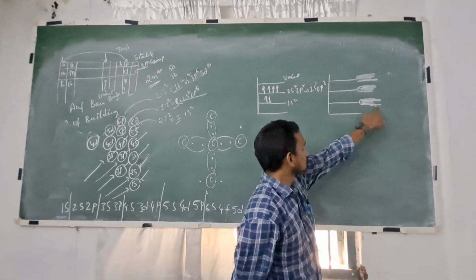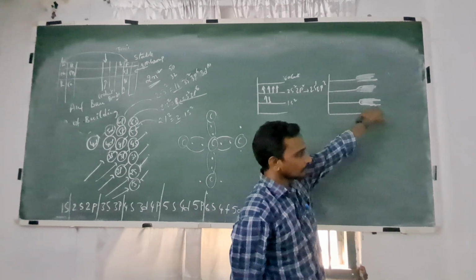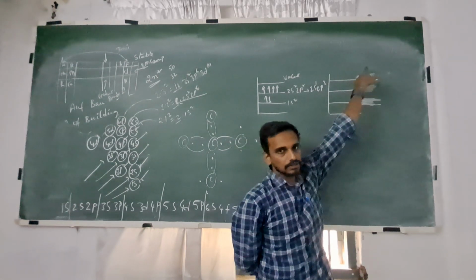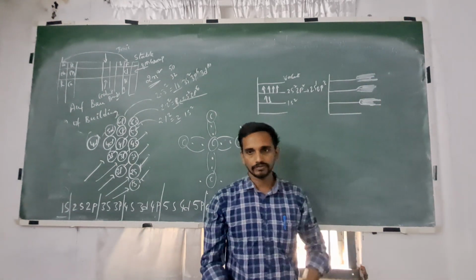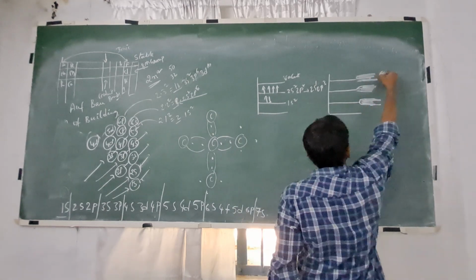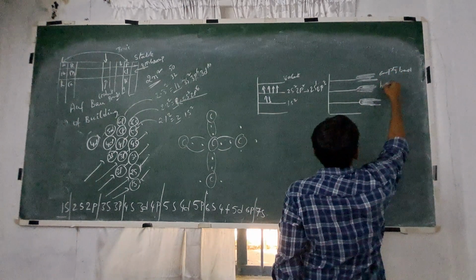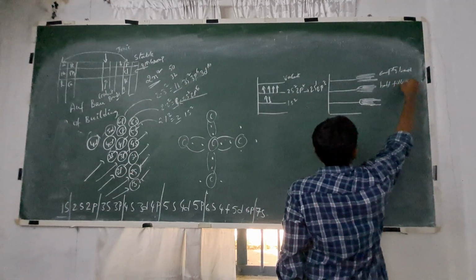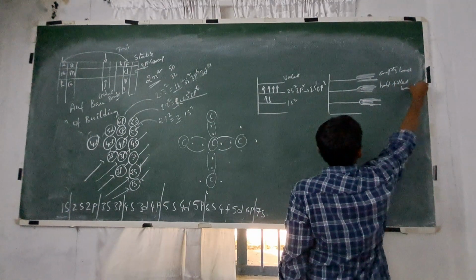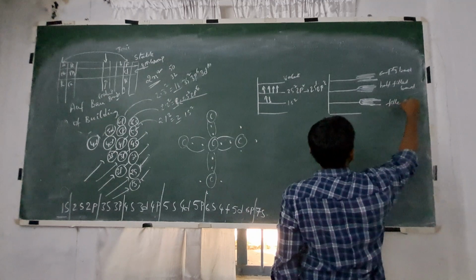So this is completely filled, this is half filled, and this is vacant. This is empty band, half filled band, and this is filled band.